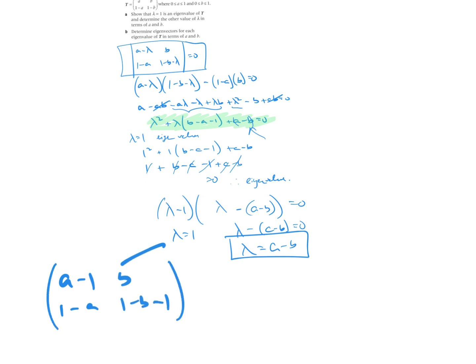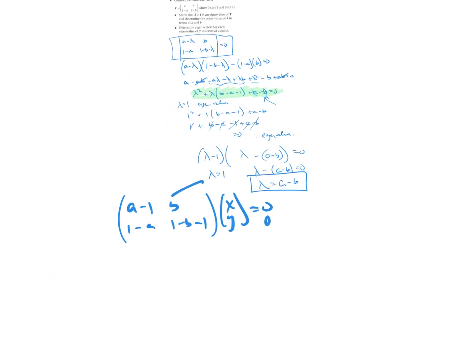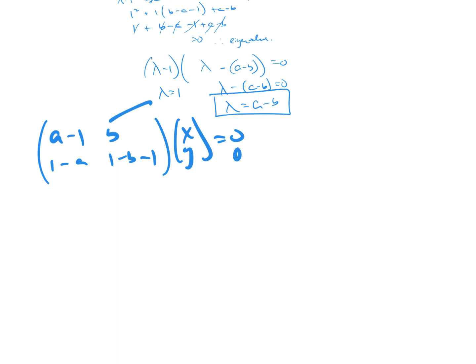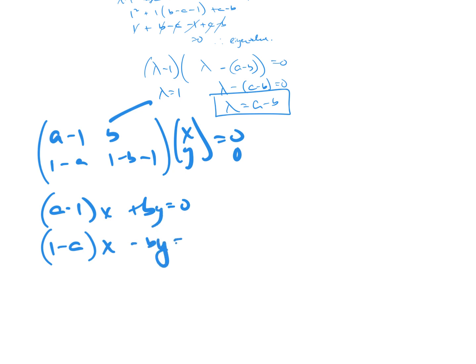This, when multiplied times (x, y), has to be (0, 0). So when I simplify that, the top line gives me (a minus 1)x plus by equals 0. The bottom line gives me (1 minus a)x. Those cancel, and I get minus by equals 0.